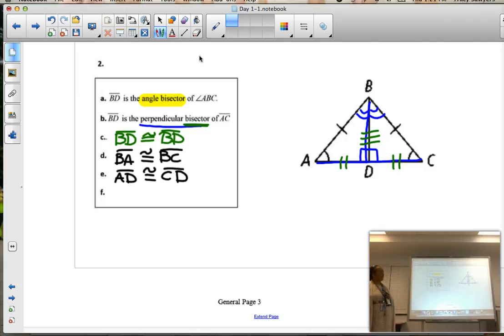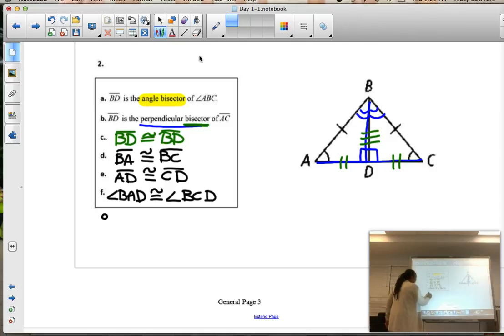How many angles do we have? Angle BAD is congruent to angle BCD. I'll take that. Do you mind if we go on and list all the angles? DAB.